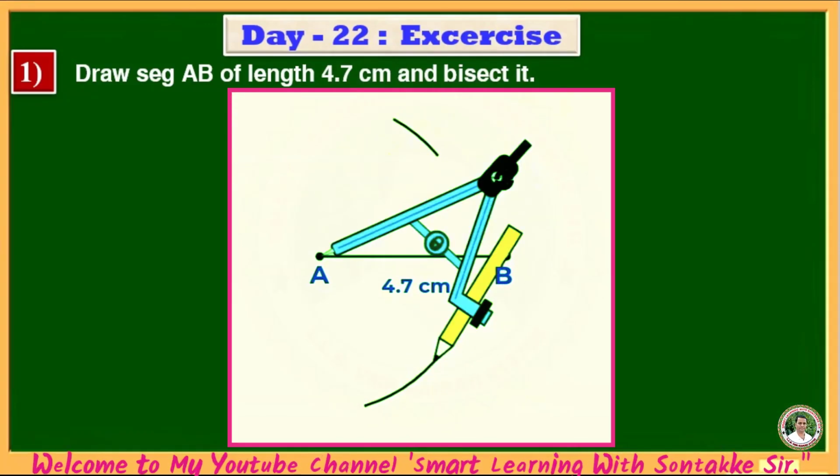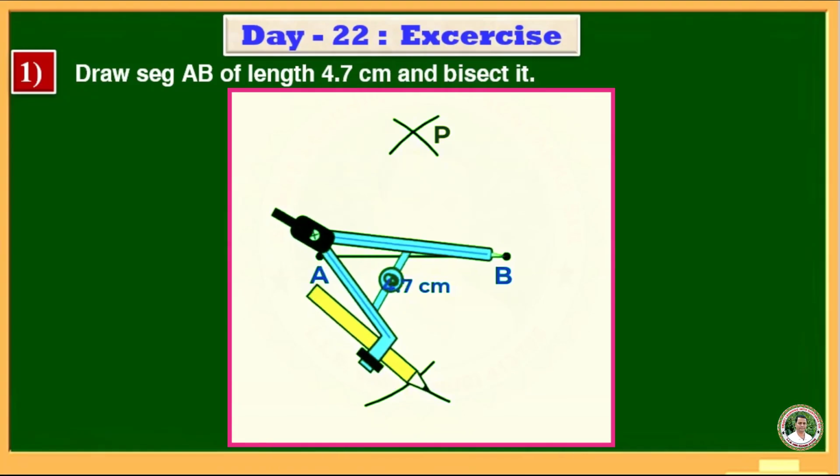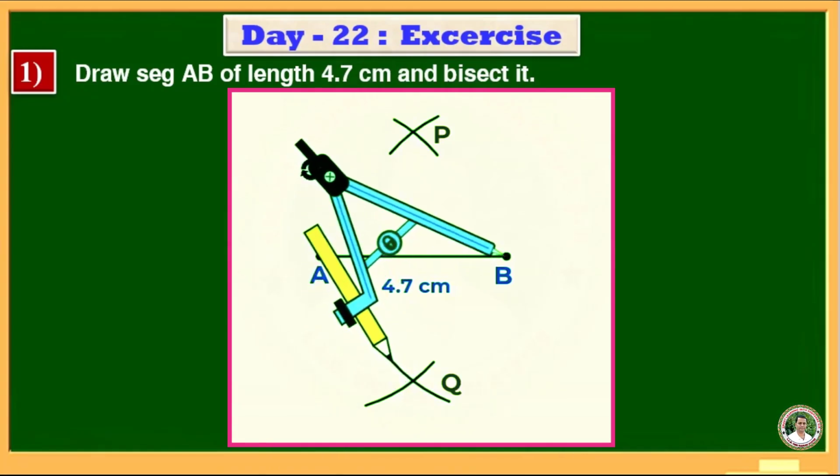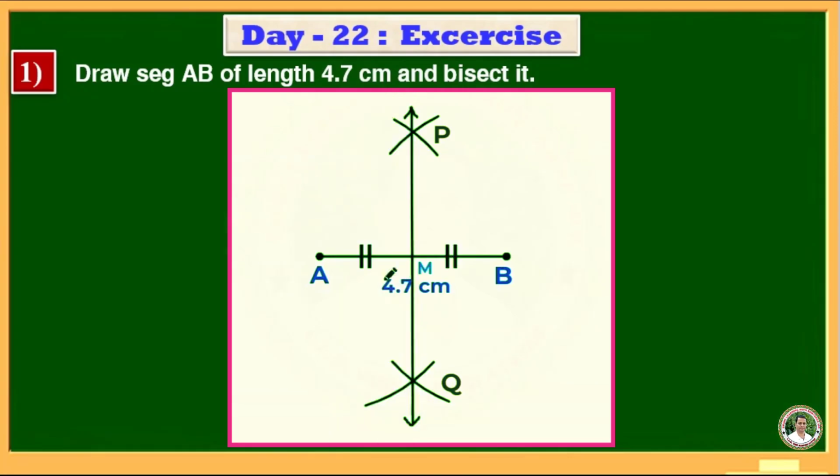Keep the same distance in the compass and keep metal point of a compass on point B and draw arcs which will intersect the previously drawn arcs, which is shown in the figure, and draw a line passing through them. This is the construction to draw the perpendicular bisector of given segment.